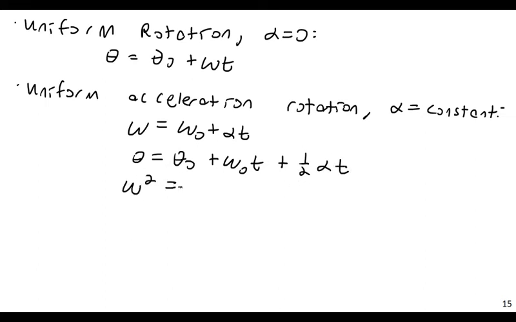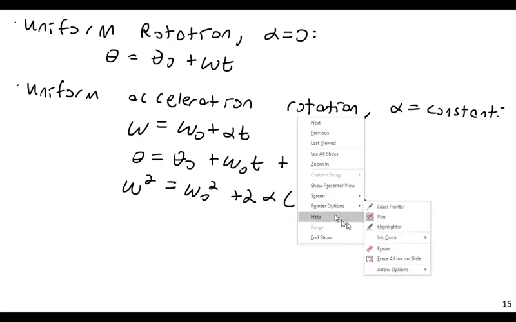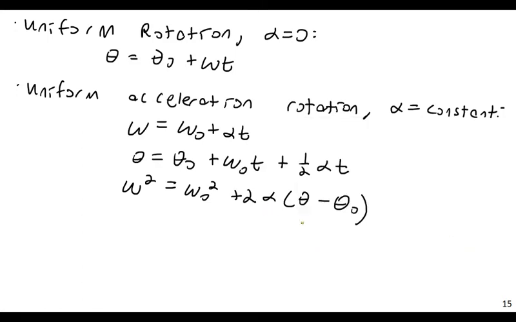And omega squared equals omega naught squared plus 2 alpha times theta minus theta naught. You could also label this theta minus theta naught as delta theta, the change in angular position.